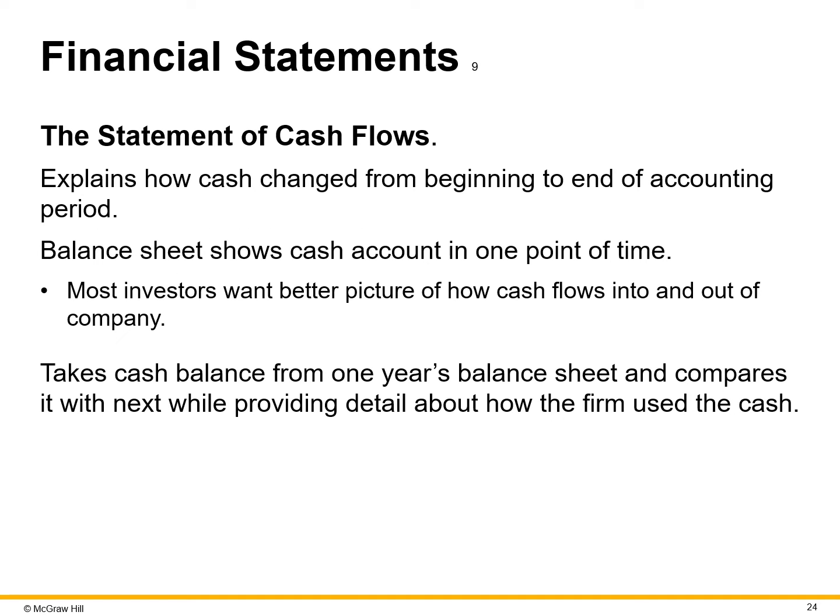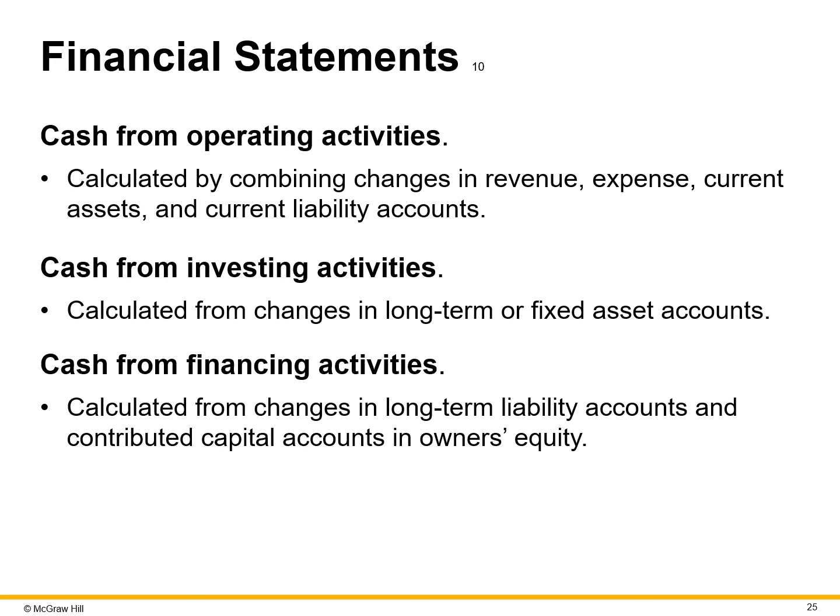The statement of cash flow explains how the company's cash changed from the beginning of the accounting period to the end. Many investors and other users of financial statements want more information about the firm's cash flow to better understand its financial health. The change in cash is explained through details in three categories.